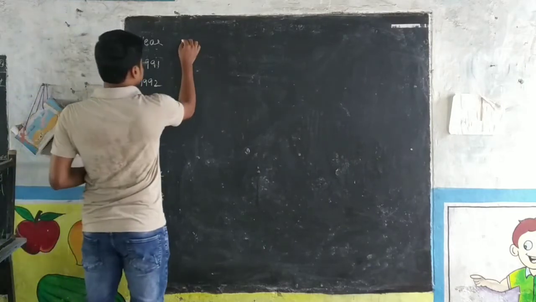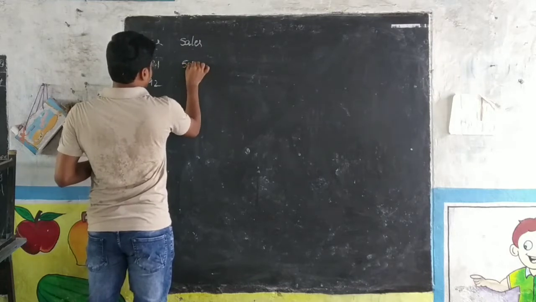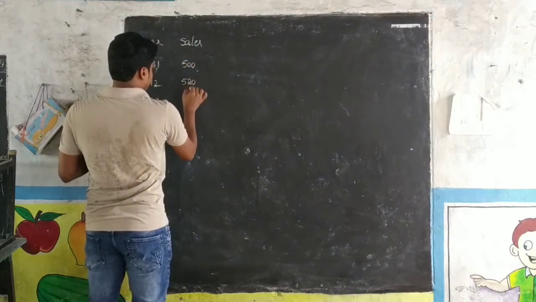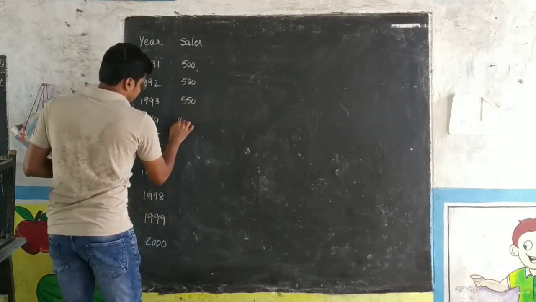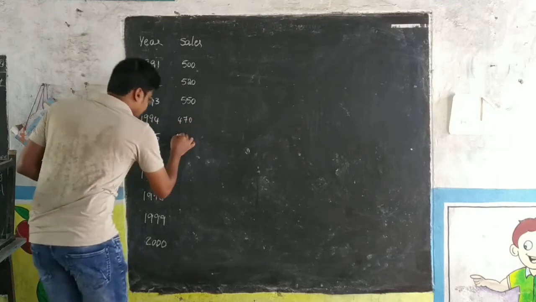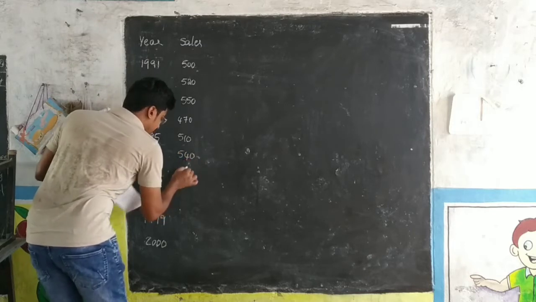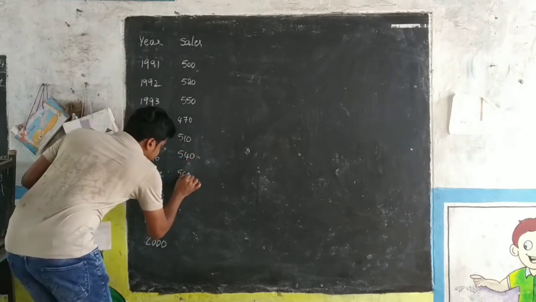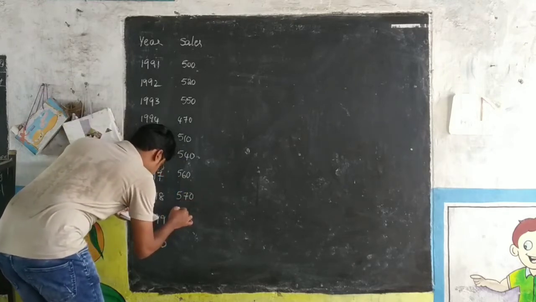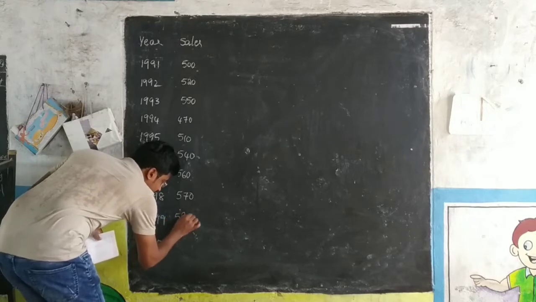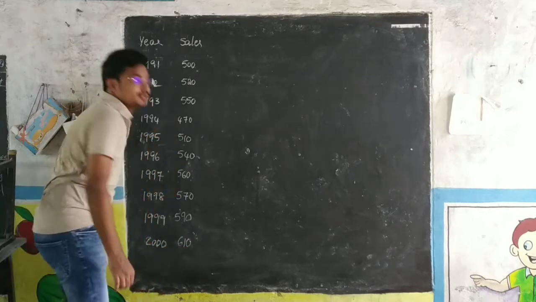Sales: 500, 520, 550, 470, 510, 540, 560, 570, 590, 610. This is the given data.